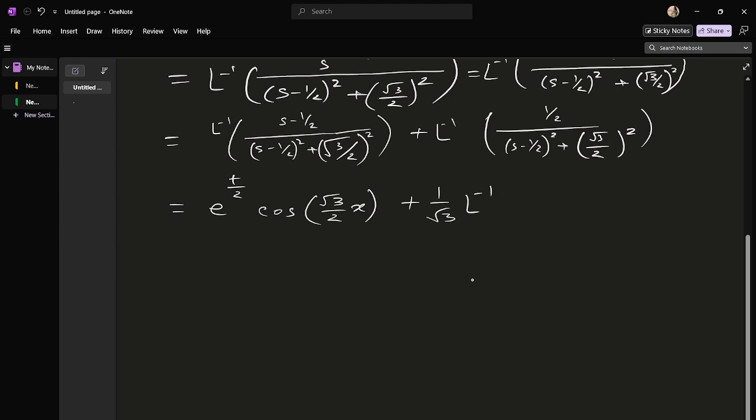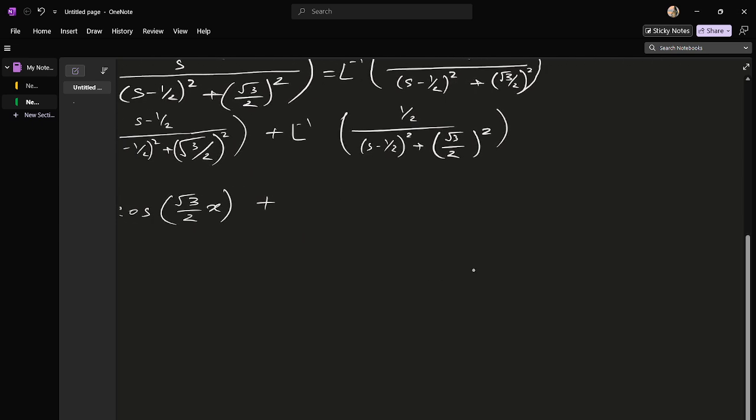I can rewrite it in this manner: L inverse of 1 by root 3 times root 3 by 2 over (s minus half) square plus 3 by 4.